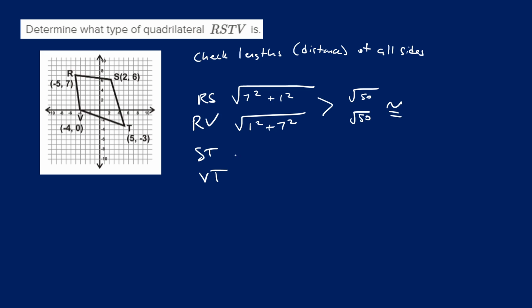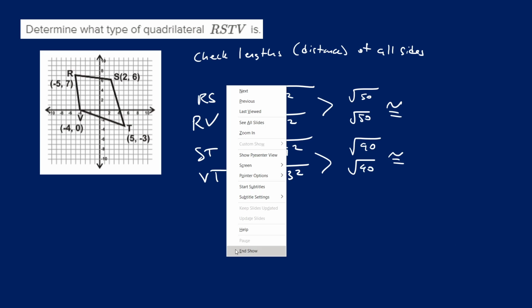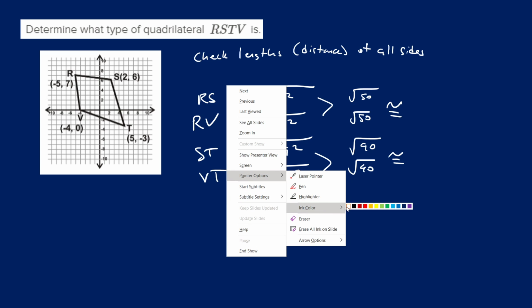And now you would check ST. That's going to be 3 squared plus 9 squared, and VT is going to be 9 squared plus 3 squared. And again, you can see that those are going to be congruent. 81 plus 9 is root 90. And so those are the same, and so therefore it must be a kite.